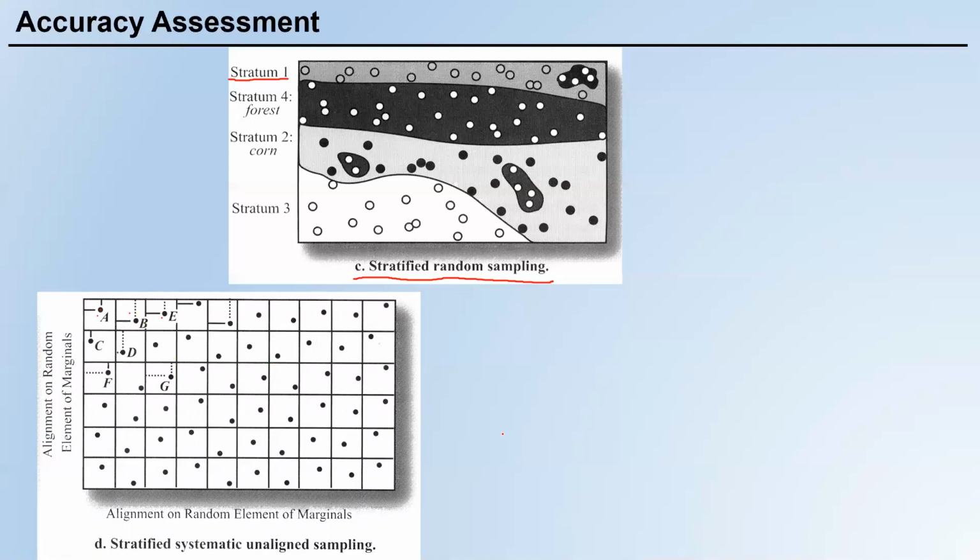So although we have regularly distributed strata within this space, the sample in each stratum has a unique location. Okay, so that's the unaligned part.